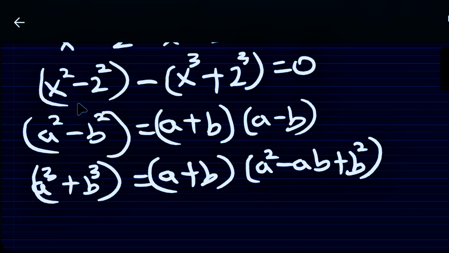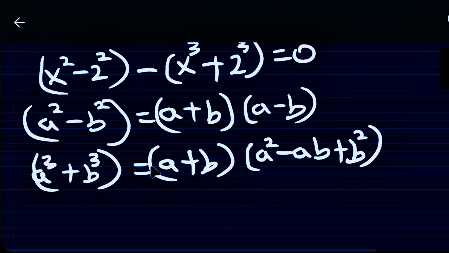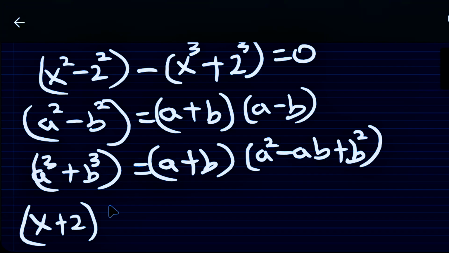Now we are going to expand this first one to be in this form and this second one in this form. So let's do that. Remember that a is x and b is 2. For the first one, a plus b, we are going to have x plus 2 in parentheses. For another parenthesis, a minus b, it's going to be x minus 2. Now you can see that we have subtraction here.